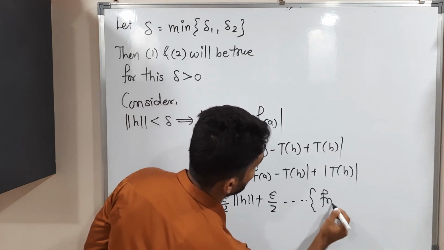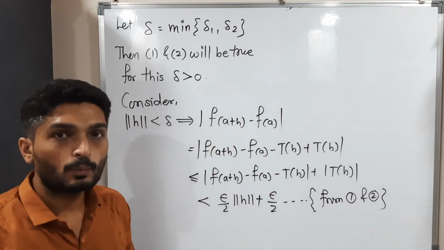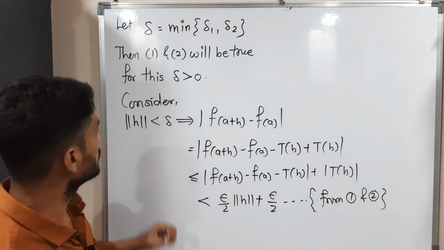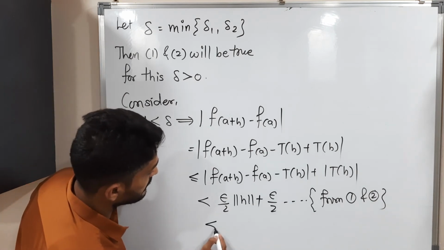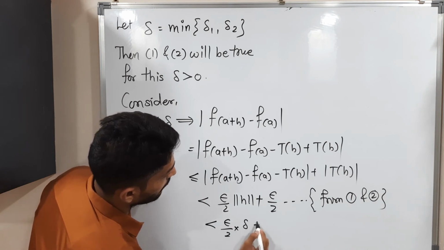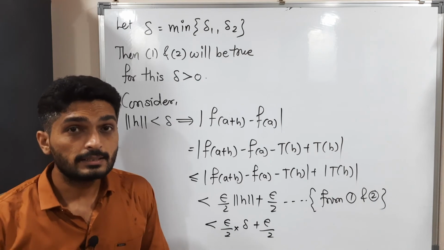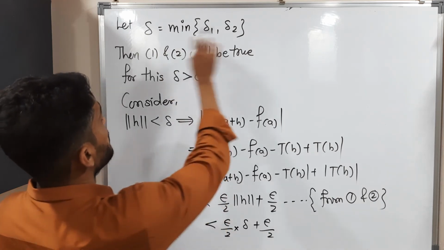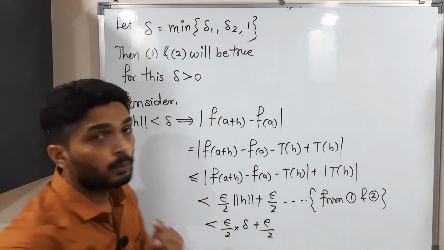So from 1 and 2, and since norm h is less than delta, this is less than epsilon by 2 into delta plus epsilon by 2. We have selected delta as the minimum of delta 1 and delta 2, and I will take 1 also.